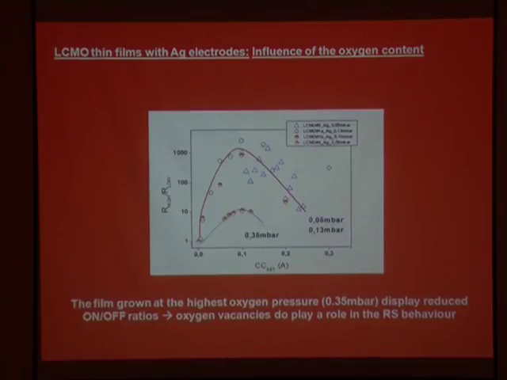If we replot the R high over R low ratio as a function of the compliance current for films grown at different oxygen pressures, we see that if we increase the oxygen content, the ratio clearly decreases. So this indicates and confirms that the oxygen content does play an important role in the electrical behavior of this kind of films.